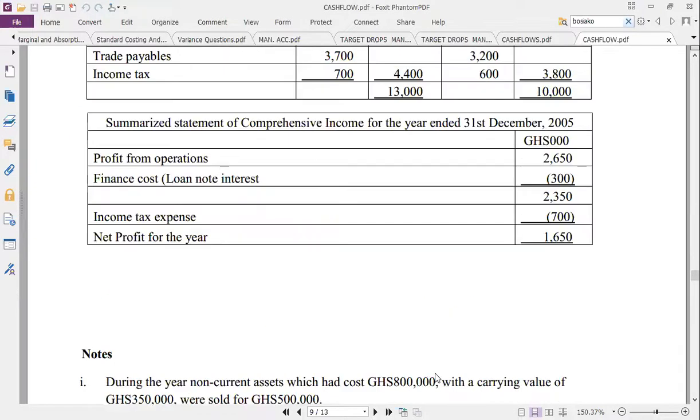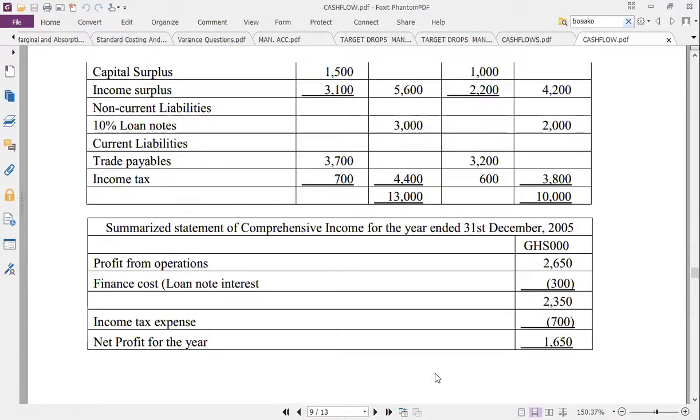So let's go to the financial position and locate the loan. Loan is a non-current liability. The examiner assumes that when it comes to financial statement preparation, especially balance sheet and income statement, you are superb there. So the 10% loan note: at the start it was 2,000, at the end it is 3,000.